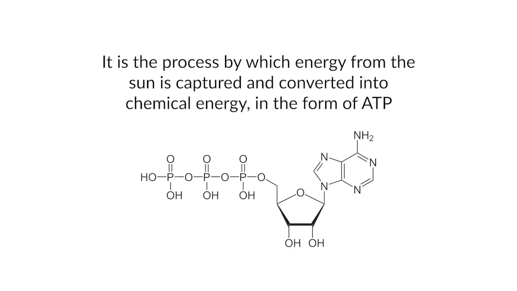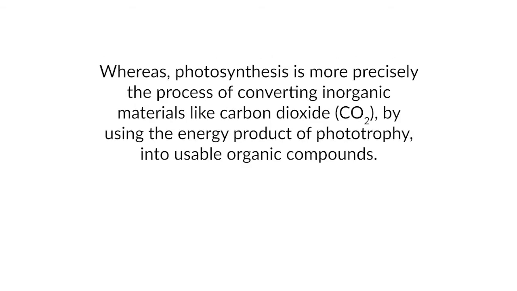Before we dive in further to the process of photosynthesis, let us first understand the process of phototrophy, which literally means light eating. It is a process by which energy from the sun is captured and converted into chemical energy in the form of ATP, whereas photosynthesis is more precisely the process of converting inorganic materials like carbon dioxide, by using the energy product of phototrophy, into usable organic compounds.